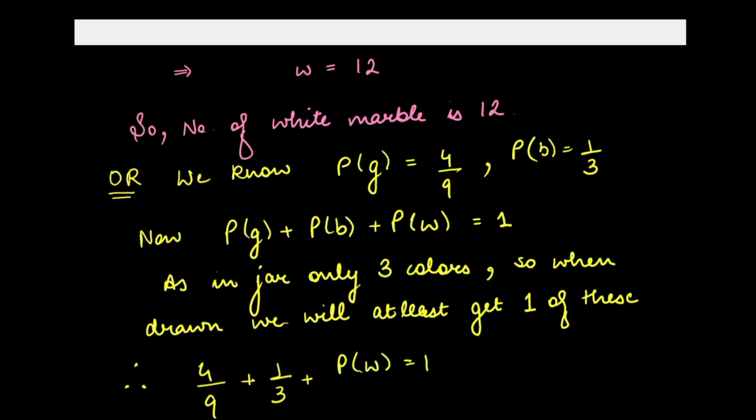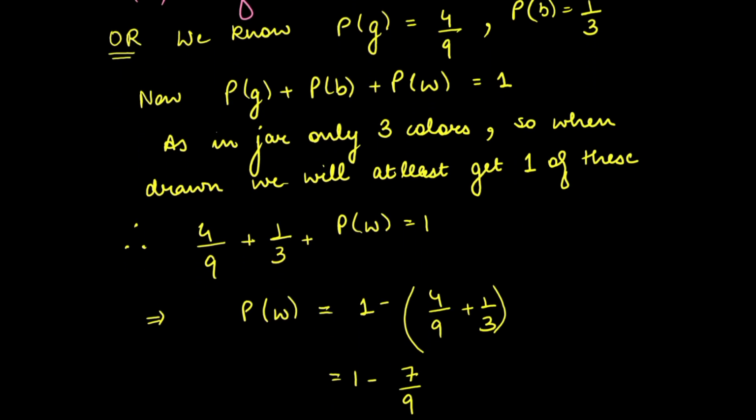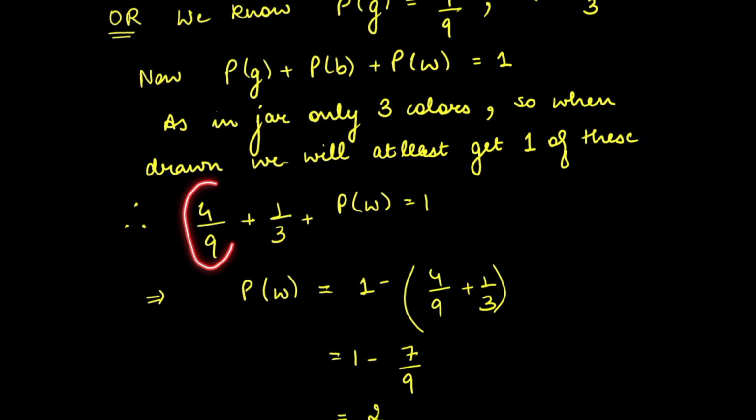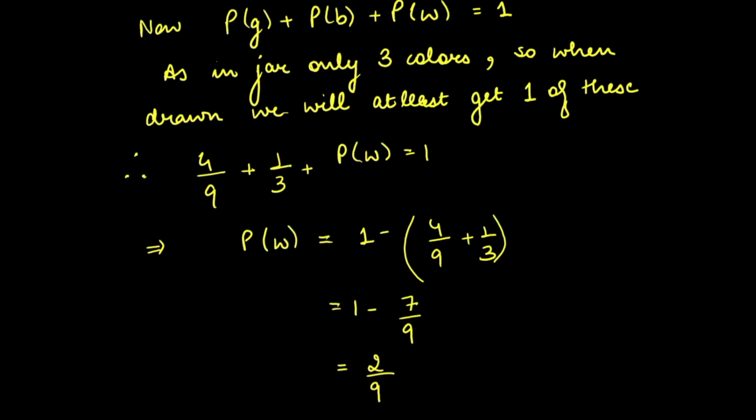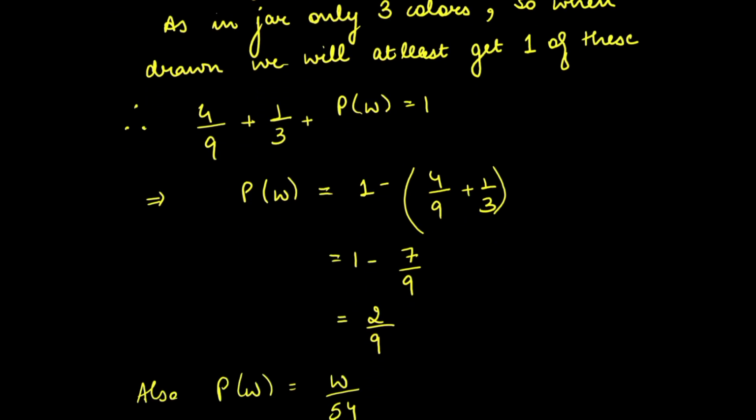So it is a sure event. So the total probability is 1. So 4 by 9 plus 1 by 3 plus the probability of a white marble is 1. Now solving this, we get the probability of a white marble as 2 by 9.